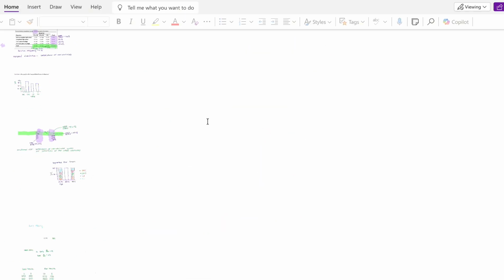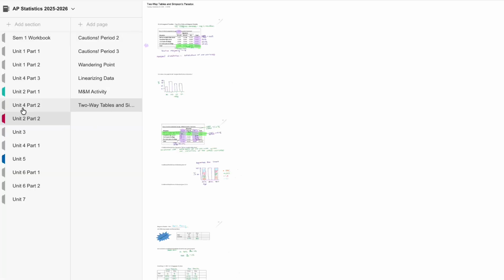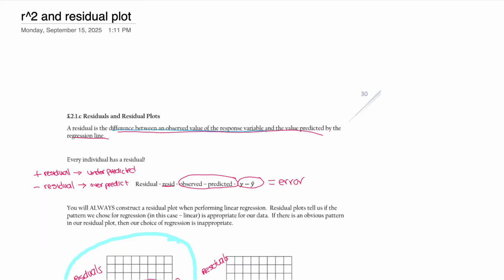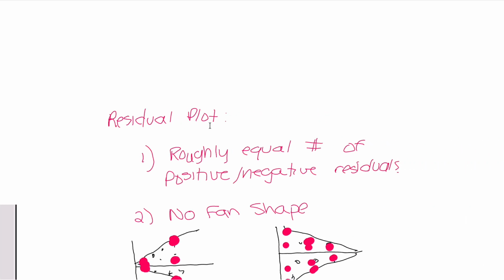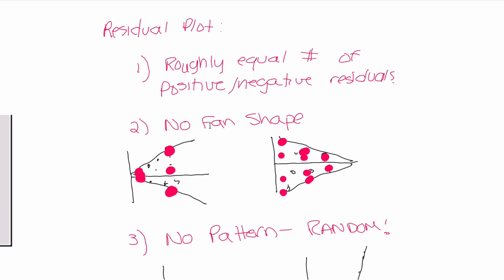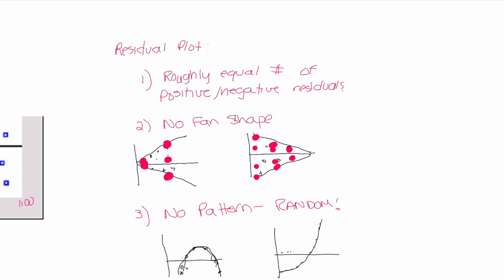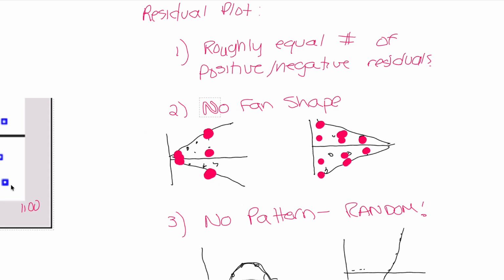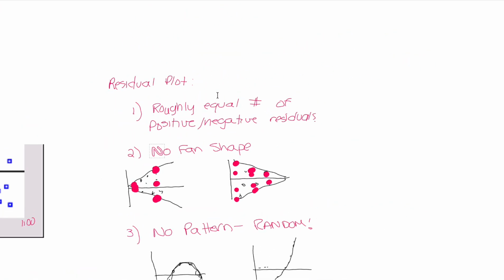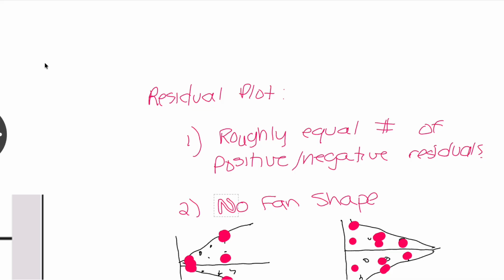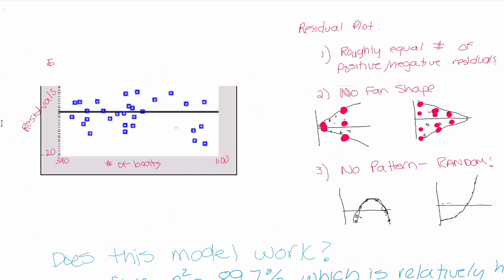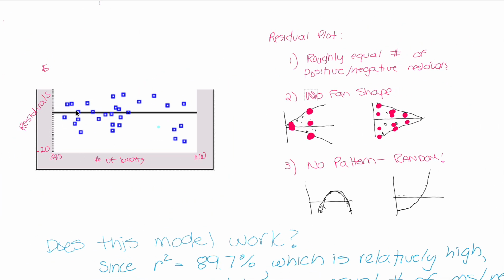The number of points above the x-axis and below the x-axis should be roughly the same. Just as in the example I showed right here, this is how roughly equal numbers of positive and negative residuals will look like on a graph.